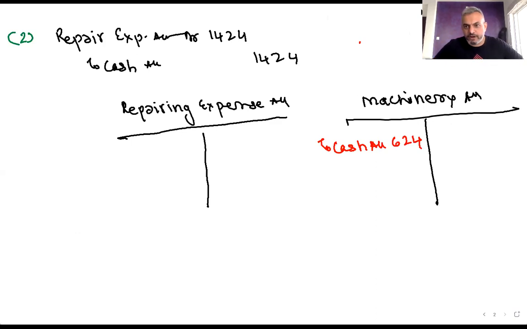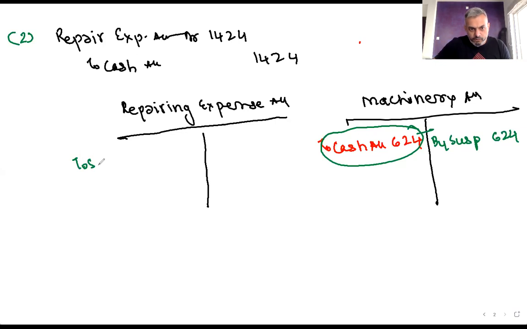Now machinery account should not have had this at all, so we have to remove it from there. So we reverse it. So we write by suspense 624. So one is this. Secondly, repair expense has not come in yet, so we have to record it. So to suspense account on the debit side 1424.